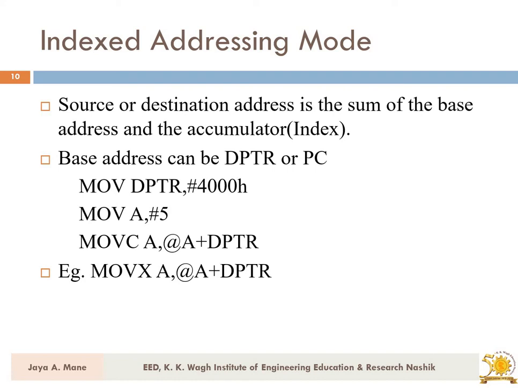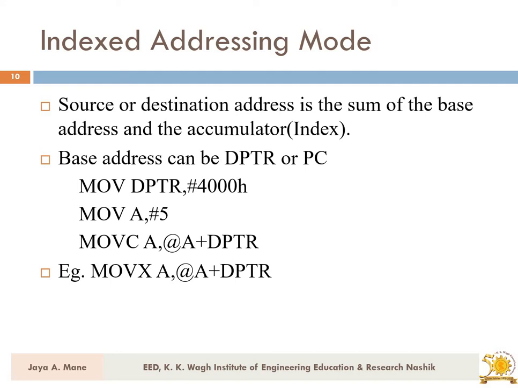If I want the location that is stored at the 5th location, we make our base address 0 and give 5 to the accumulator, which is called the index. So instead of saying 5th location, we can say 0 plus 5, and I get the 5th location.